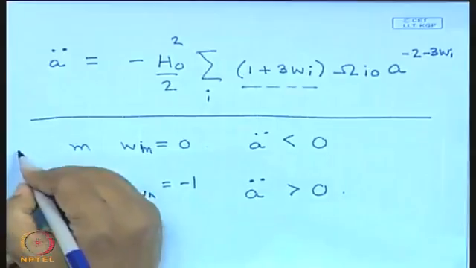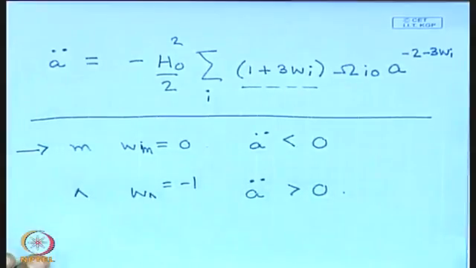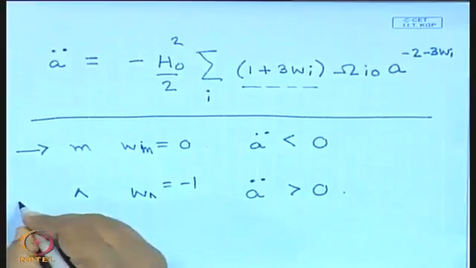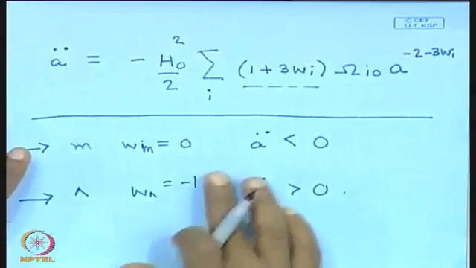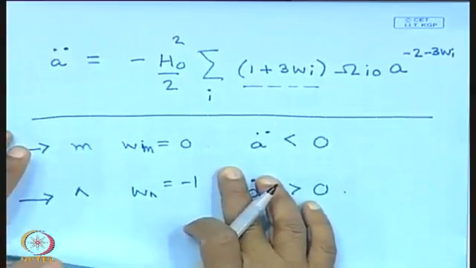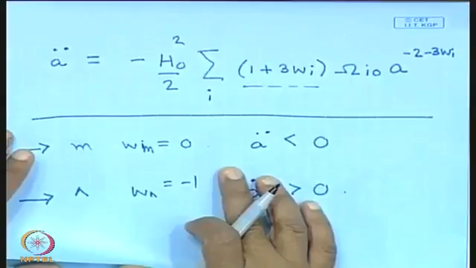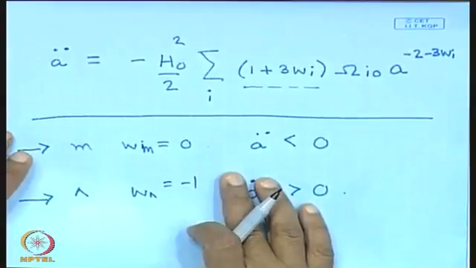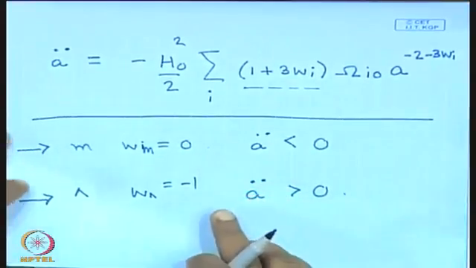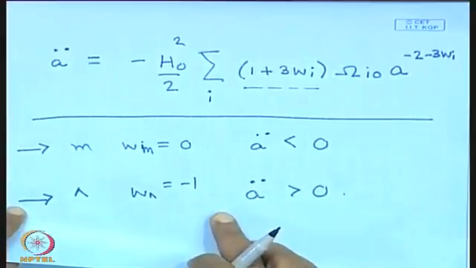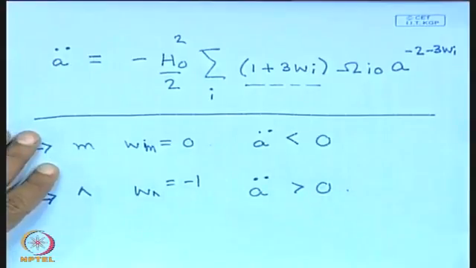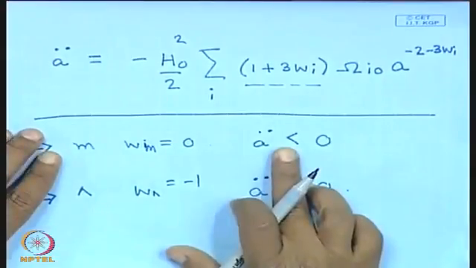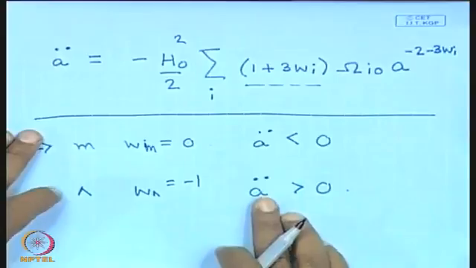Now how is it different if my universe is accelerating or decelerating? If my universe is decelerating, the distances are smaller in this model as compared to a model where my universe is accelerating.